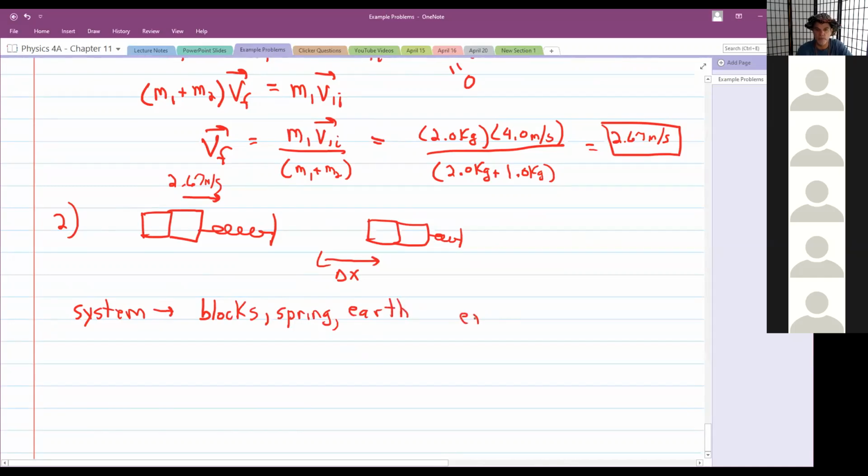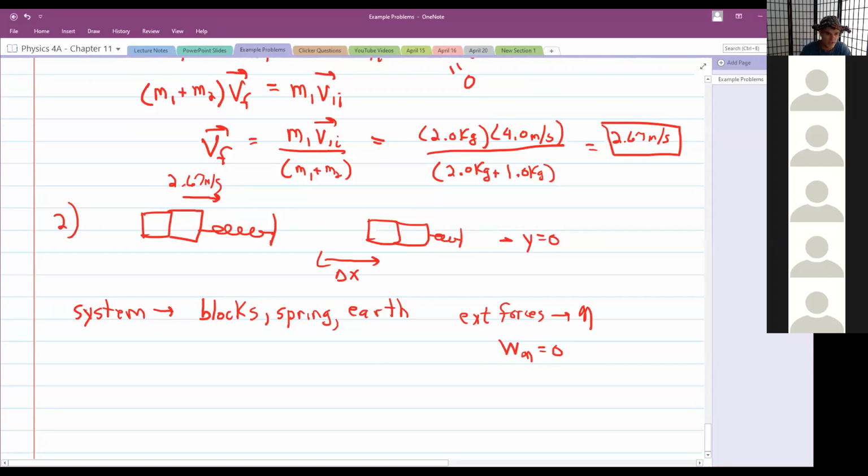In which case, what would be my external forces? It would just be the normal force. Since the normal force is acting vertically and the displacement is horizontal, the normal force is not doing any work. And I could define y equals 0 to be the elevation these blocks are at, and they're not changing their elevation.